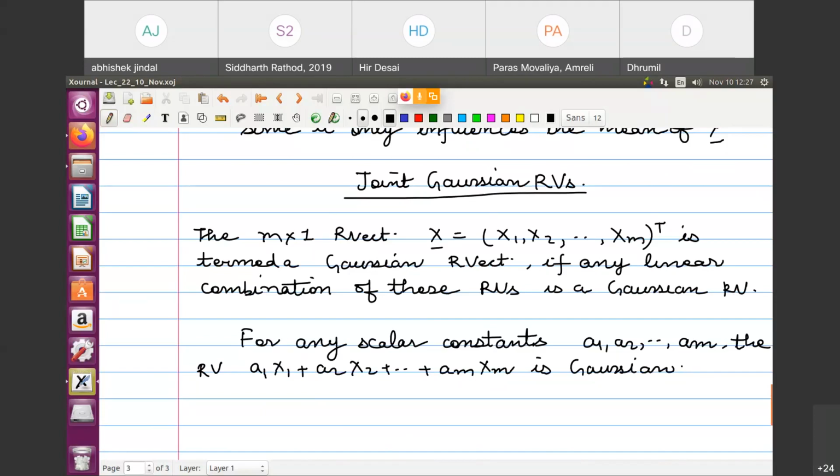This is important, I am putting it in inverted commas: for any choice of a1, a2, up to am, if you take this linear combination, it should always give you a Gaussian random variable. Then you will call this a Gaussian random vector, or you can call x1, x2, up to xm jointly Gaussian random variables. So this must be known.